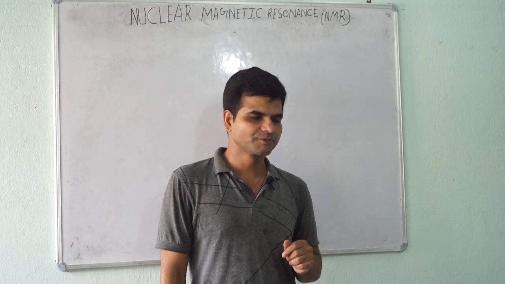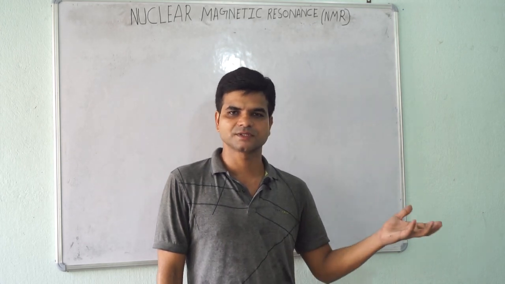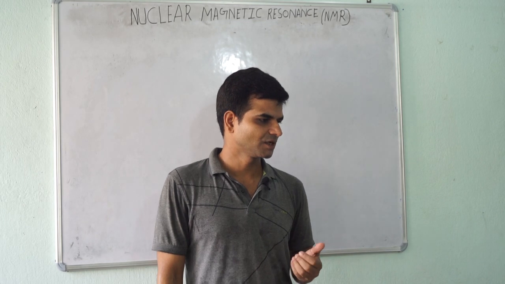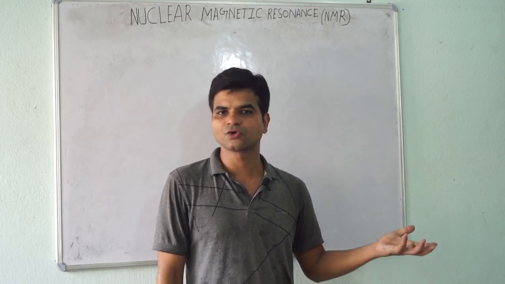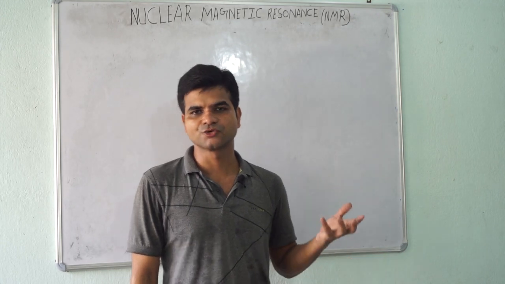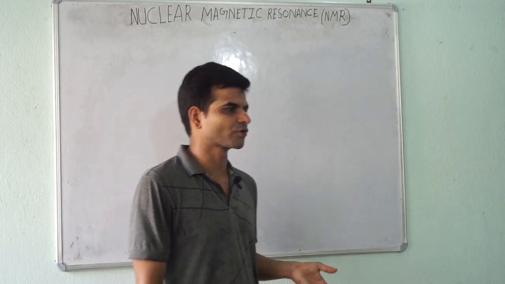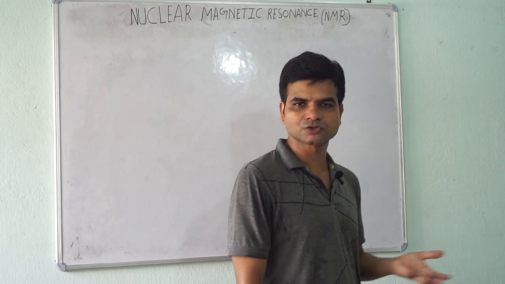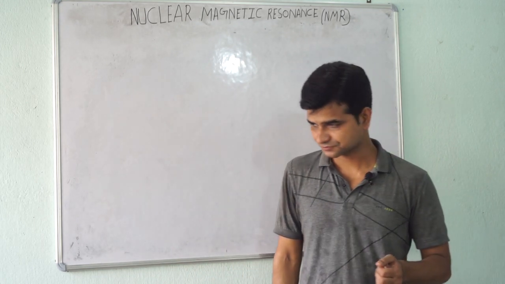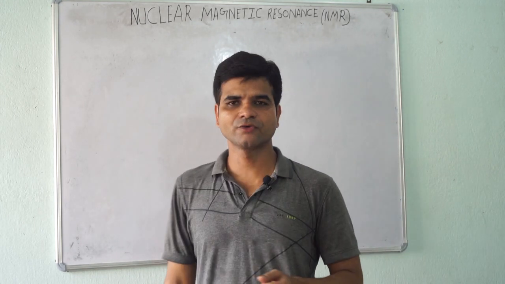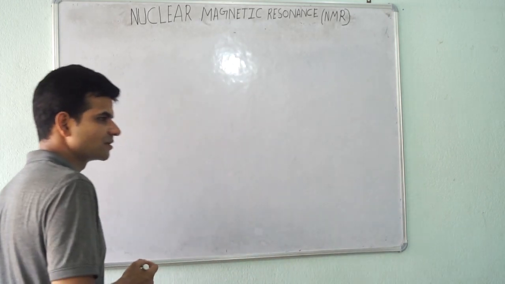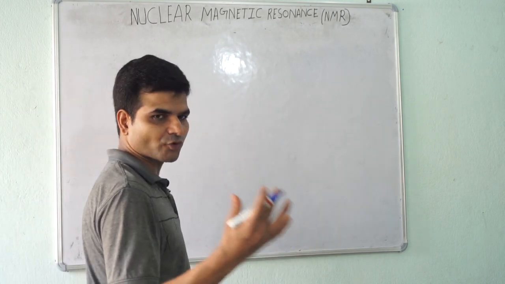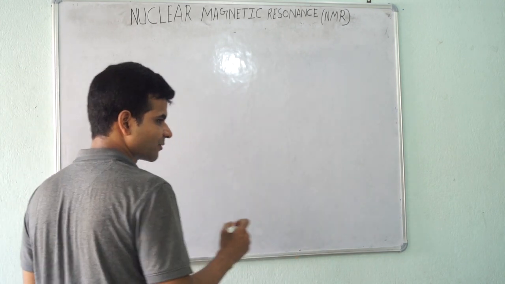In the previous video we discussed that nuclei having an odd number of protons or neutrons show a spin, but nuclei having an even number of protons or neutrons don't show a spin. We are going to work on proton NMR, therefore we are going to take the example of hydrogen.